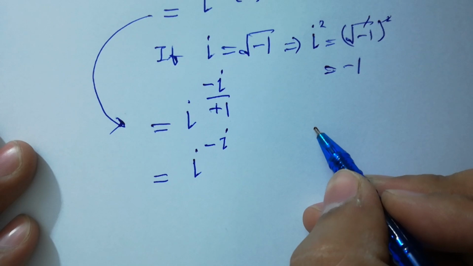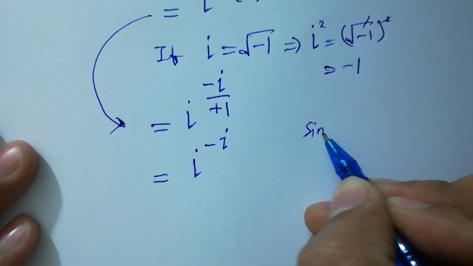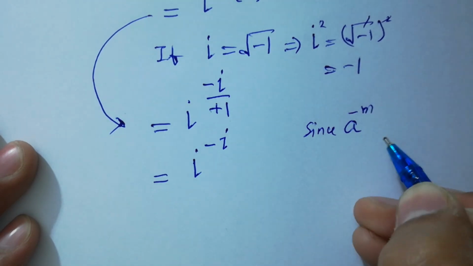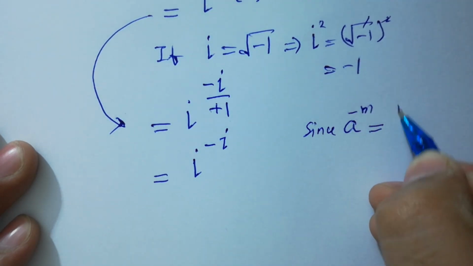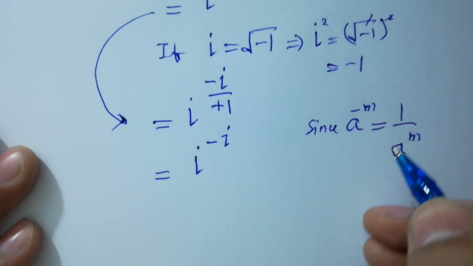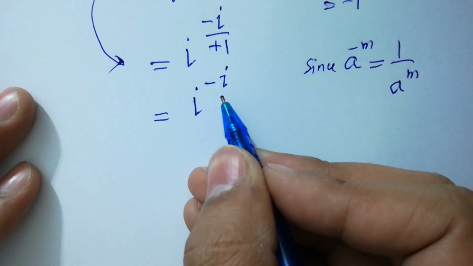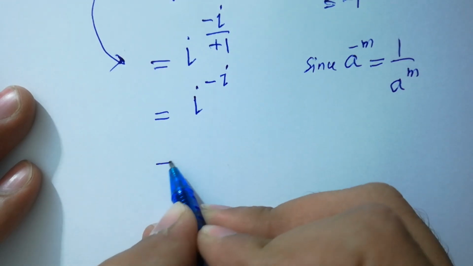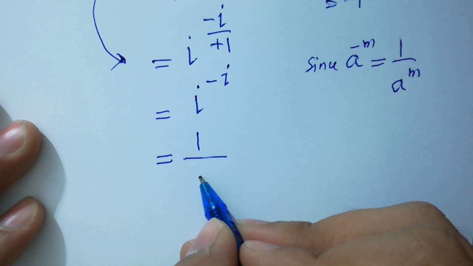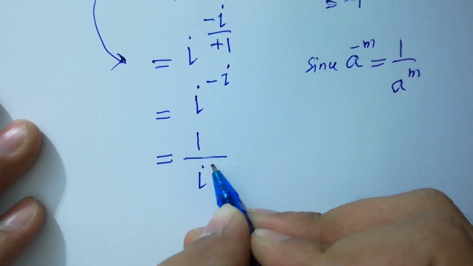Since a to the power minus n equal to 1 over a to the power n, so i to the power minus i is same as 1 over i to the power i.